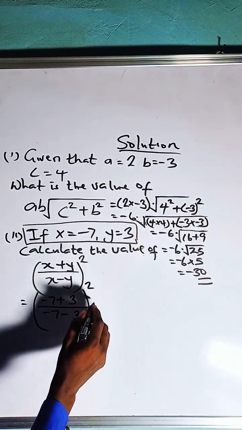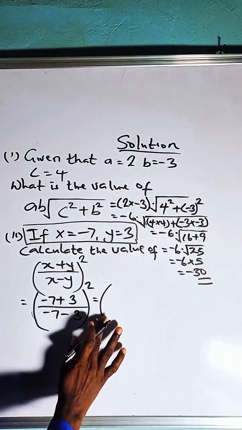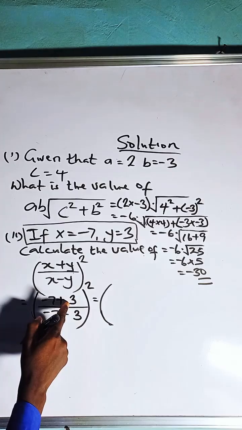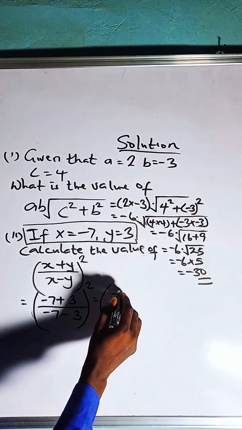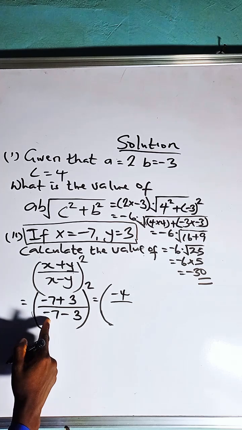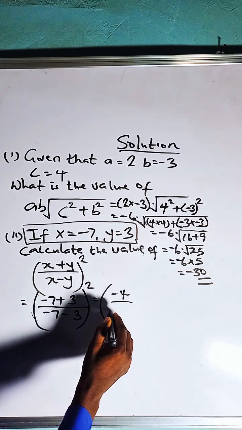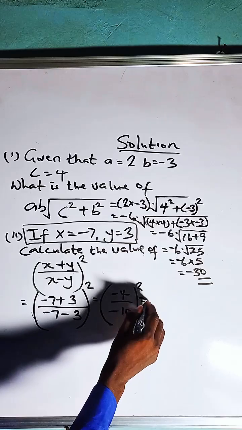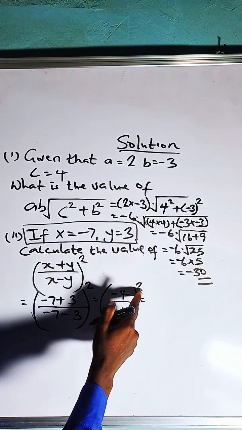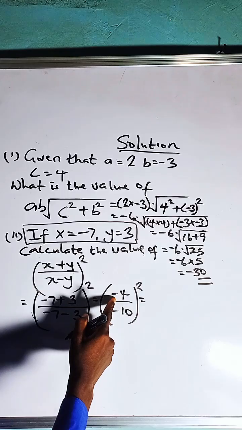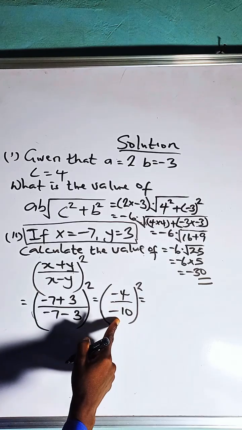Here, in the parentheses, we have -7 plus 3, which gives -4 at the numerator, over -7 minus 3, which is -10 at the denominator, all squared. The square means we multiply this by itself twice, and it affects the denominator as well.